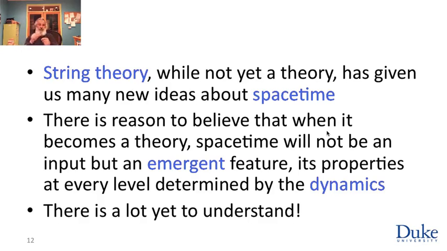these winding strings lead to a discussion of a space that, when the strings are pulled far apart, looks just like space, but when they come close, looks like a more complicated object. So you get space effectively emerging from something more complicated.